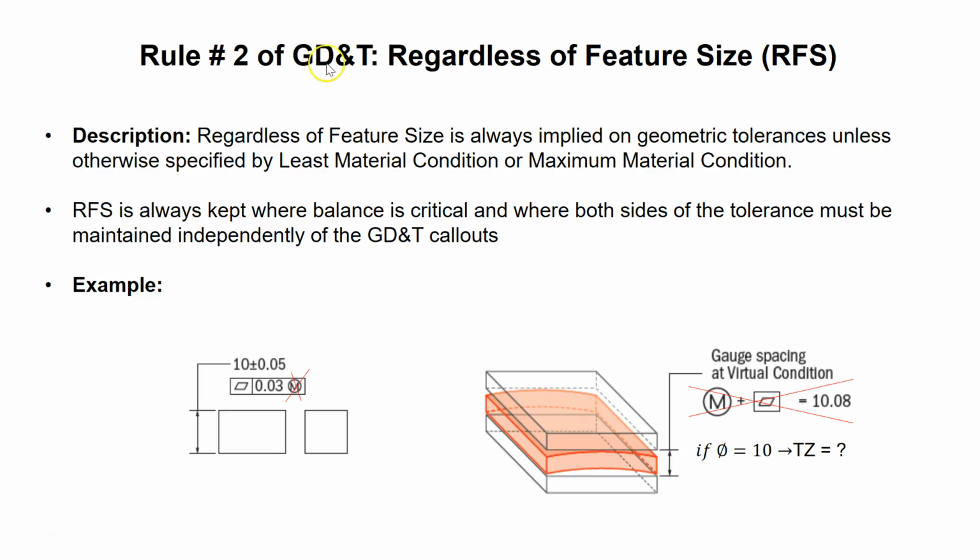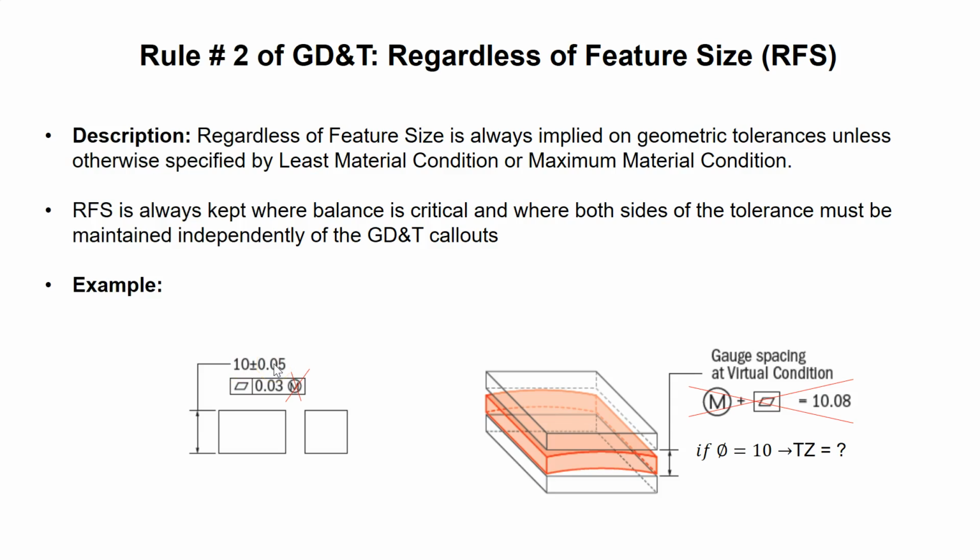we call it rule number 2 of GD&T, regardless of feature size, or RFS, which says regardless of what size you make the part, the geometric tolerance is not going to be affected if you do not use any modifier. So if you don't see M or L, then whatever geometric tolerance is provided, that is going to be fixed, and that does not depend on which size between the upper and lower limit you are going to manufacture the part.